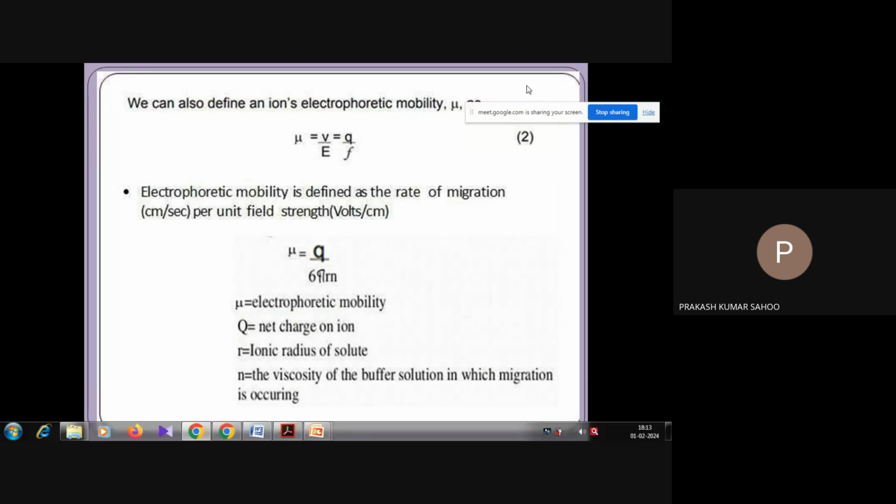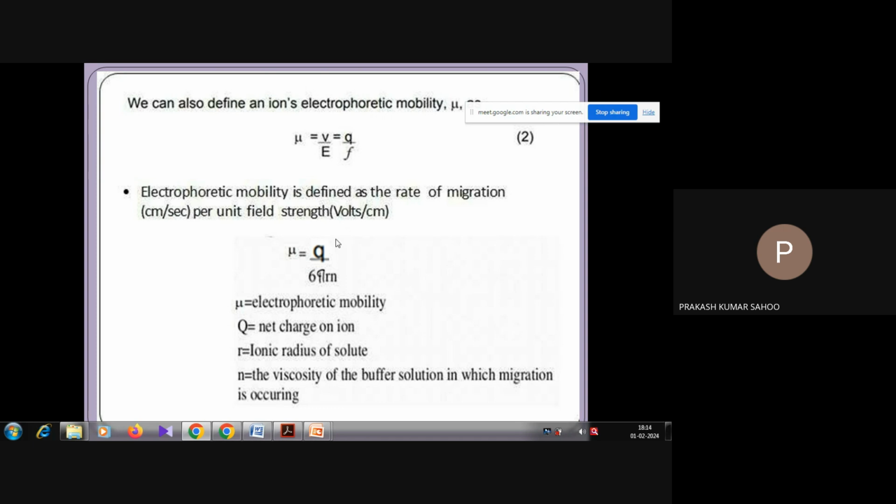Then we have the electrophoretic mobility, mu, that is V by E, which is equal to charge by field strength. Electrophoretic mobility is defined as the rate of migration in centimeters per second per unit field strength, that is, volt per centimeter.